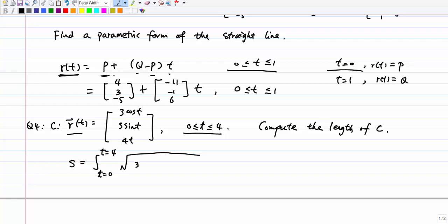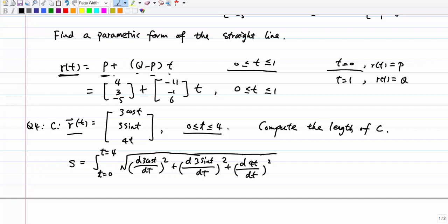So it will be the derivative of 3 cosine t with respect to t, squared, plus the derivative of the second component, 3 sine t, with respect to t, squared, plus the derivative of the last entry, 4t, with respect to t, squared, all under the square root. Then you integrate over dt, that's what we have.